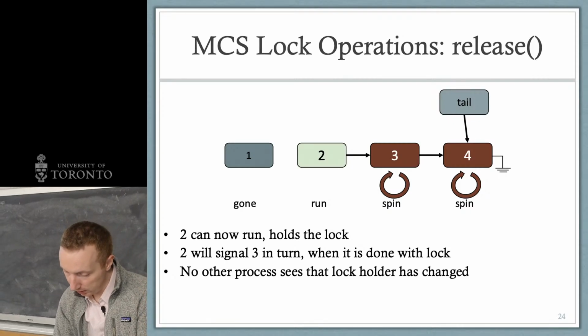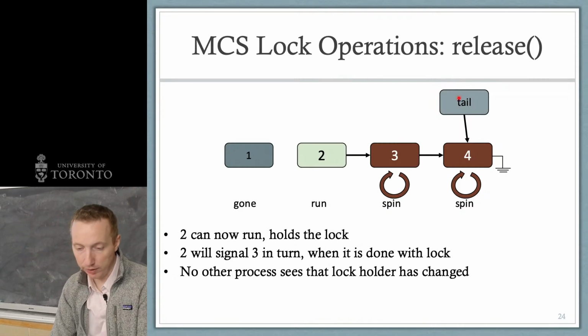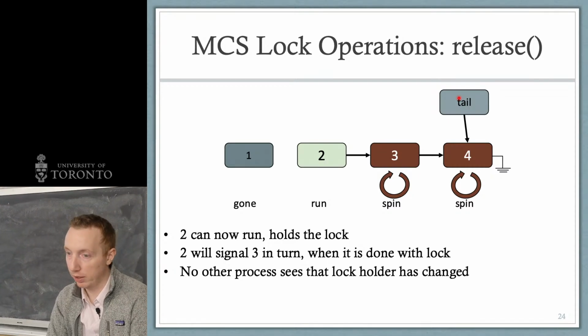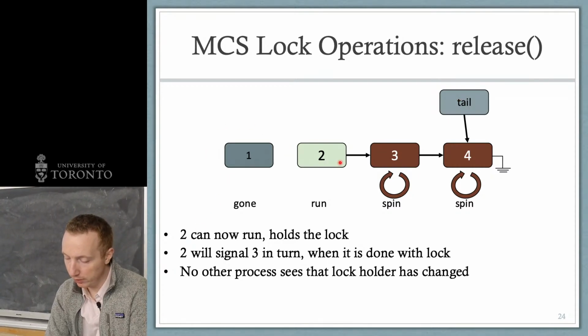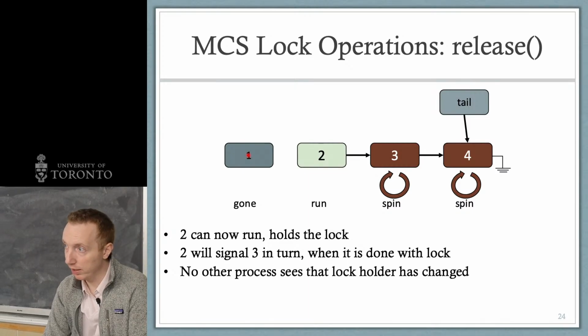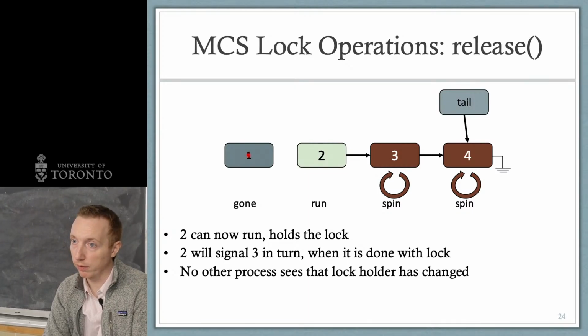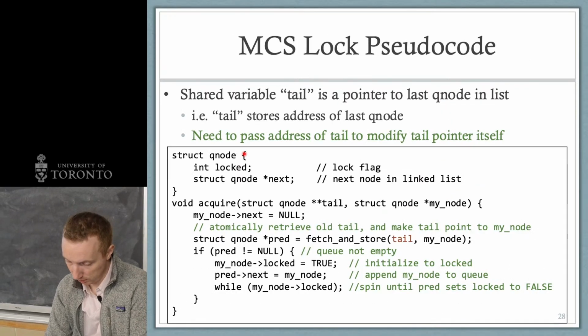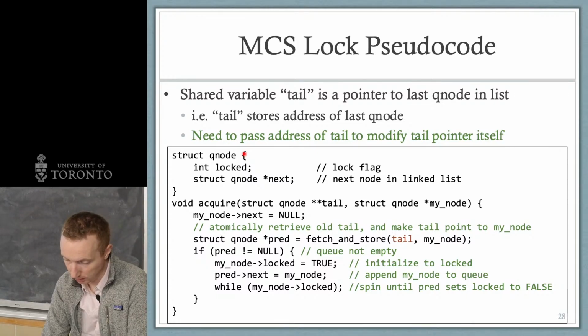This tail is global, so that's like our next pointer. And on each of these threads, it has a next pointer and then its own lock value, its own int. Sorry, could you go to the code, the acquire code? Yep. When you do the while my node lock, that's not atomic, right?